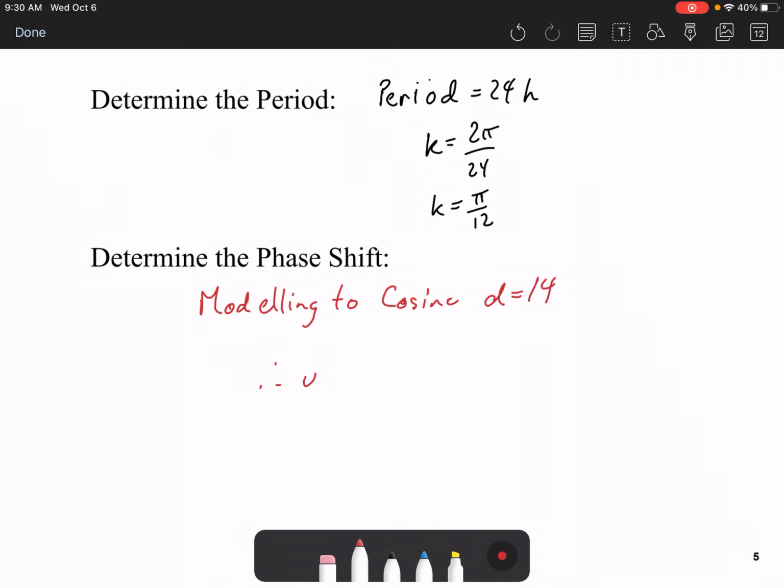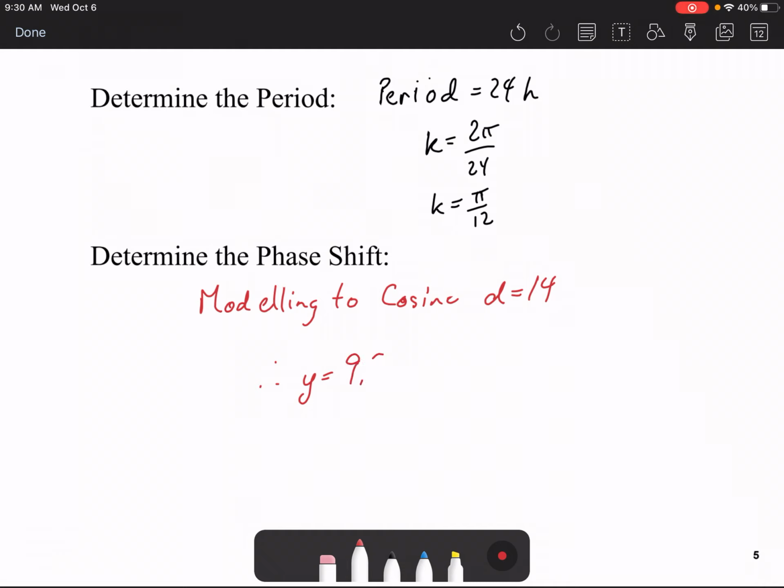And therefore we'll get our equation now. So our equation with all our values is going to be 9.5 cosine pi over 12 x minus 14 plus 10.5.